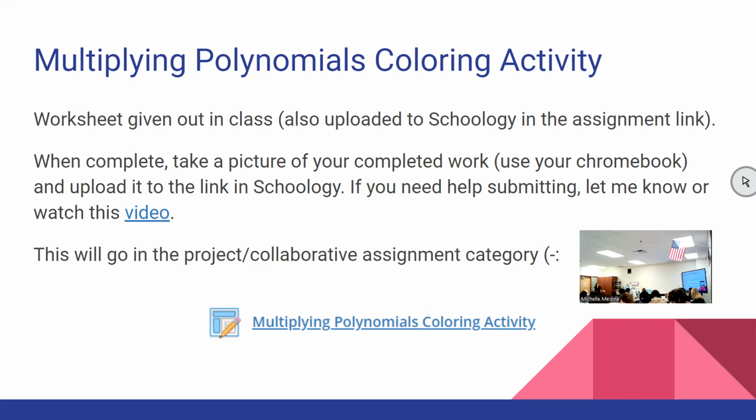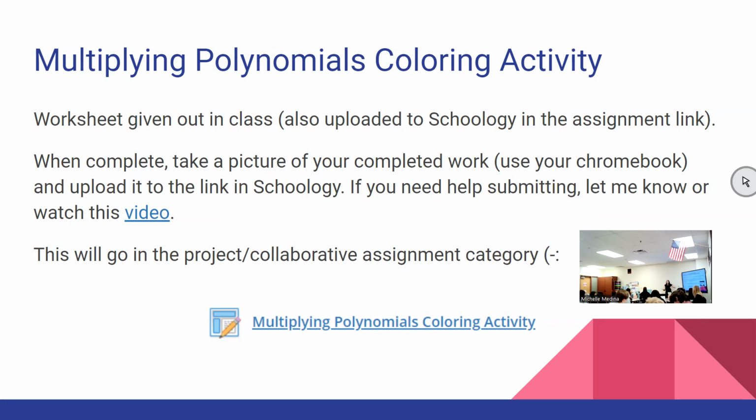So if you decided, I'm not going to do this coloring activity, or I'm not going to turn it in, or I'm going to lose it, then that would be a 0, and that wouldn't be good in that 20% category. So please make sure that if you didn't finish it yesterday during class, when you turned it in, that you finish it and resubmit it, preferably through Schoology.